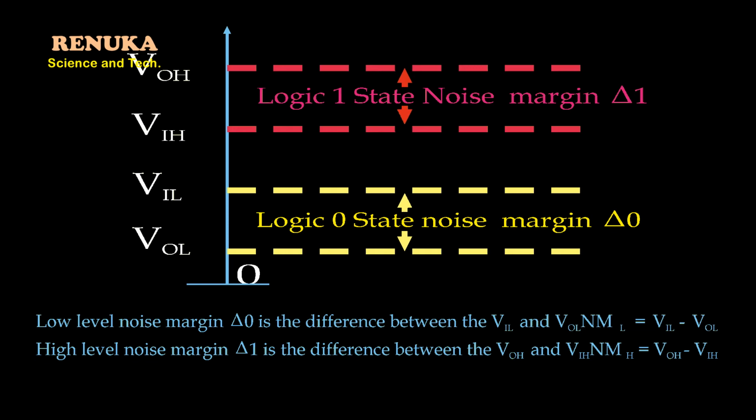Now these logic gates should be able to withstand such fluctuations in the voltage levels of digital data, and the ability of these logic circuits to tolerate these signals is called its noise immunity. And the noise margin is the qualitative measure for noise immunity. In the diagram you can see there is a low level margin and a high level margin.